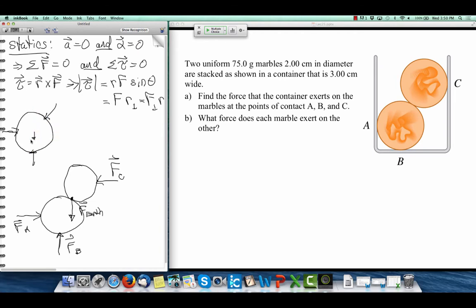So not as big a force as this one, because this is the force by the Earth on the system of two marbles. And the net force there has to be 0, and the net torque has to be 0. For this one, as one system, this has F top marble on bottom.